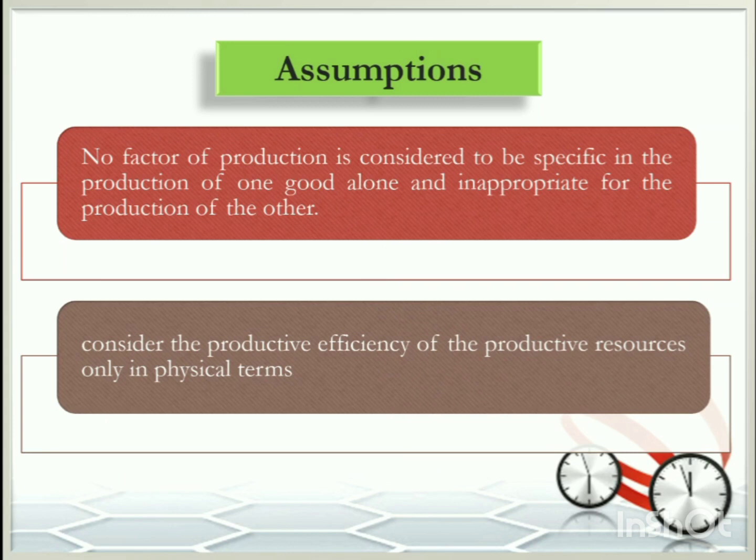And no factor of production is considered to be specific in the production of one good alone and inappropriate for the production of the other. We consider the productive efficiency of the productive resources only in physical terms, that is the unit of LED and computer monitor which they can produce. And based upon these assumptions, we can illustrate the set of production possibilities available to a country by a hypothetical example.